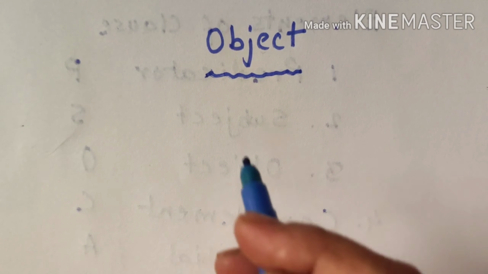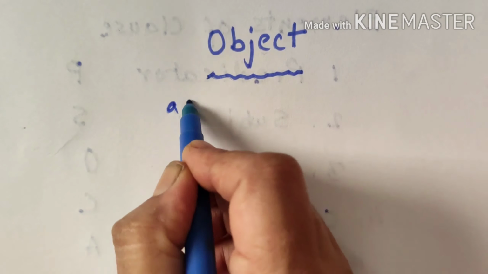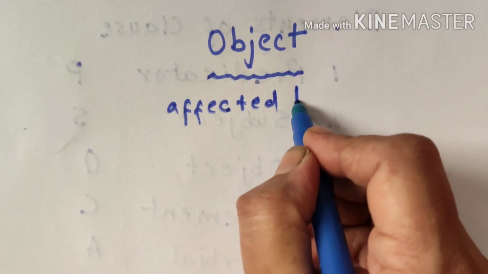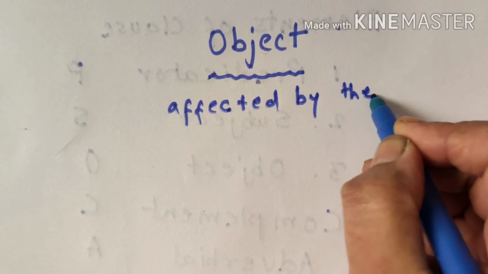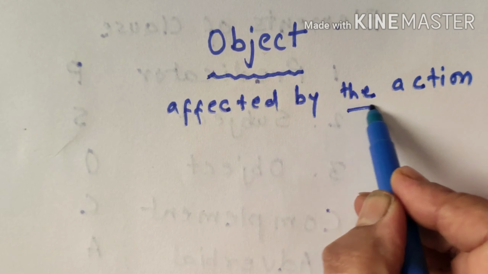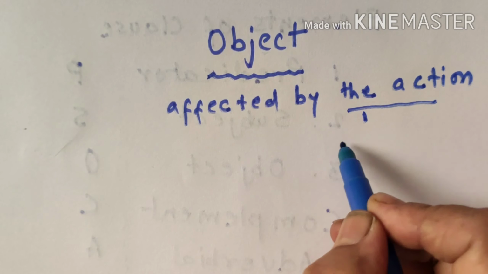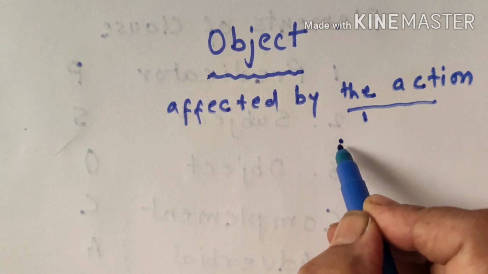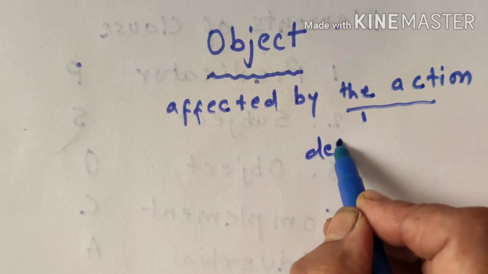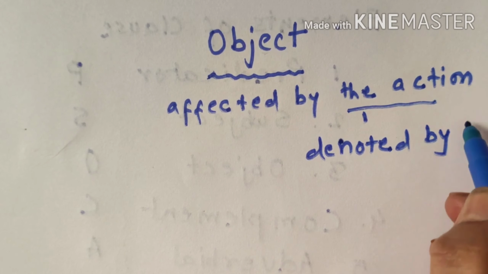Now object is that which is affected by the action of the doer, that is indicated or denoted by the predicator. Action denoted by predicator.